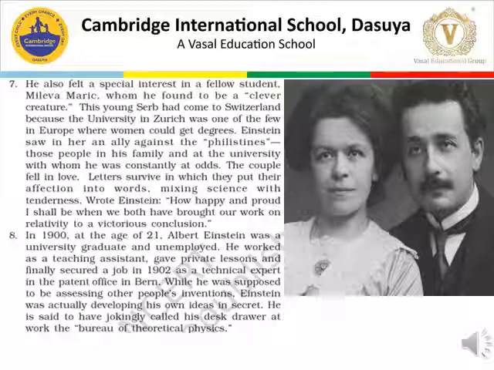Albert Einstein met a Siberian girl in University of Zurich. Over here it is written Serb. Serb means Siberia. This young girl was Mileva Merrick.